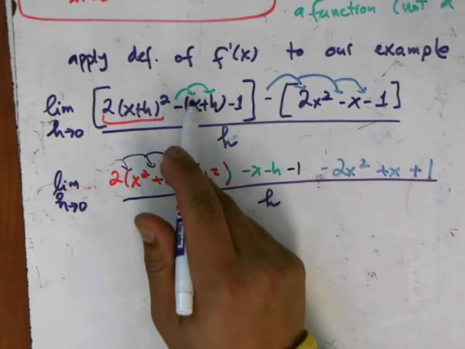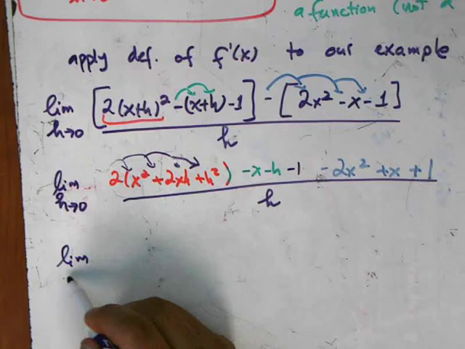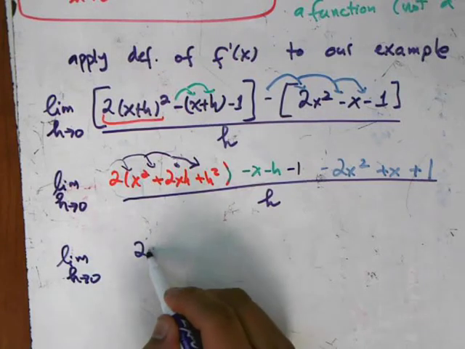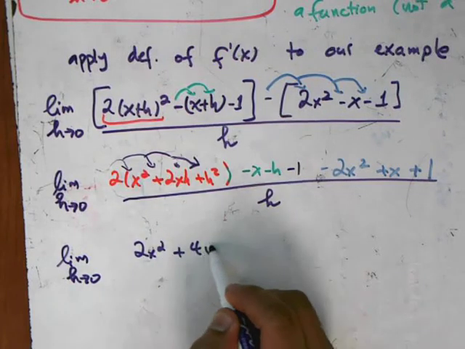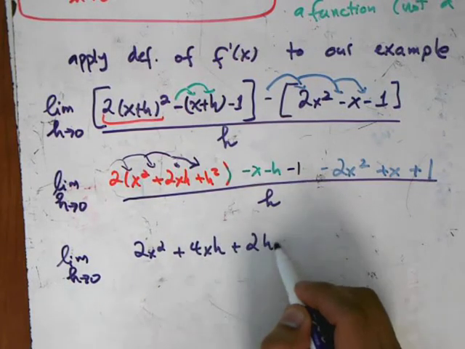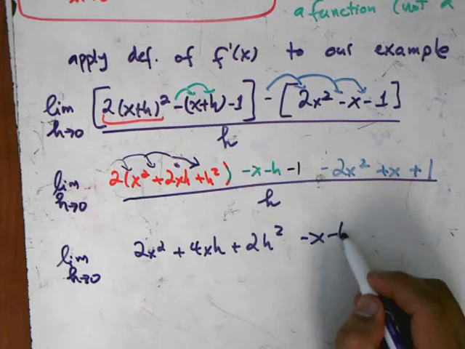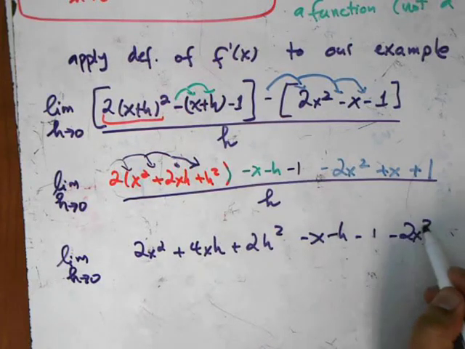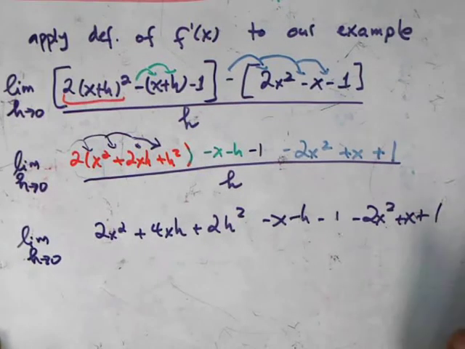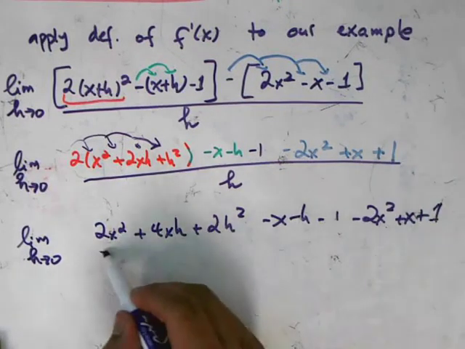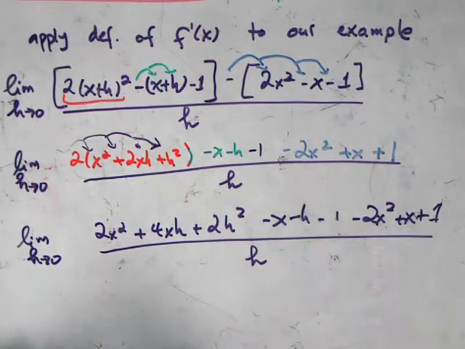Distribute this 2 here. And now we get the limit as h approaches 0 of 2x squared plus 4xh plus 2h squared minus x minus h minus 1 minus 2x squared plus x plus 1. All of it over h.